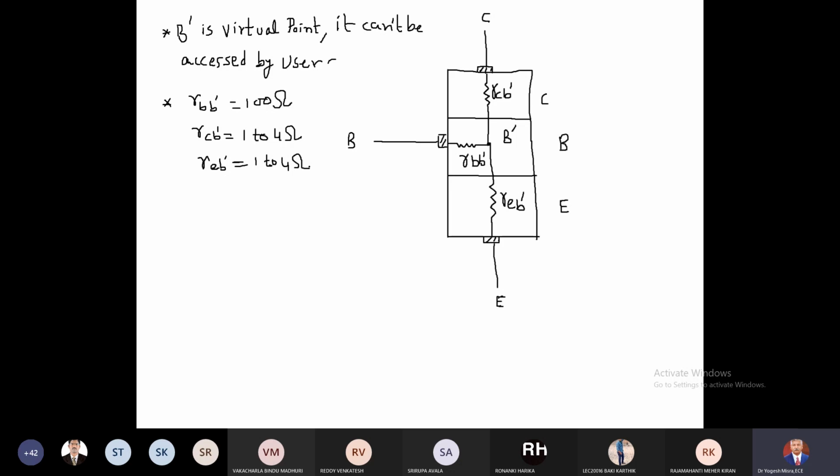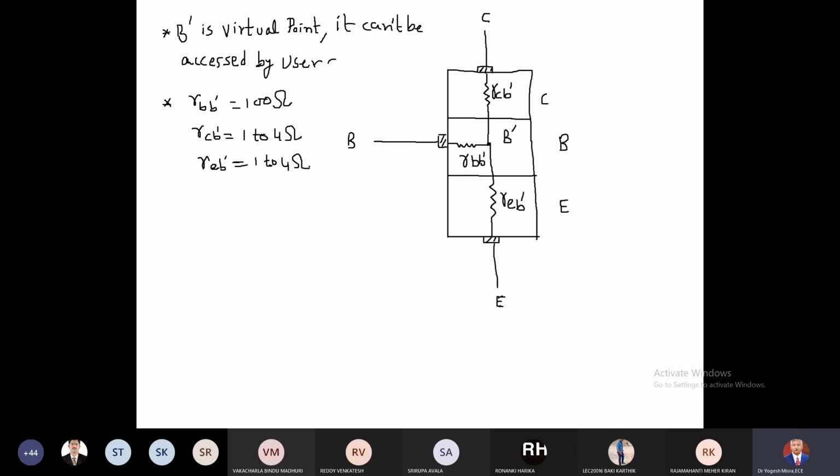Whereas the emitter and collector have more doping as compared to the base. So if doping is more, this means charge carriers are more, so the conductivity will be more. Therefore, the resistance will be less. That's why these resistances R_CB' between collector and base point B', and R_EB' between emitter and base point B' are less.